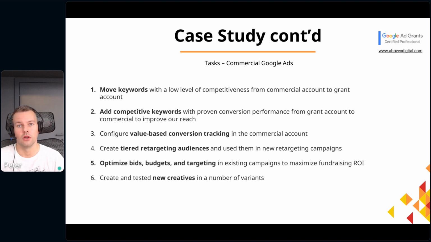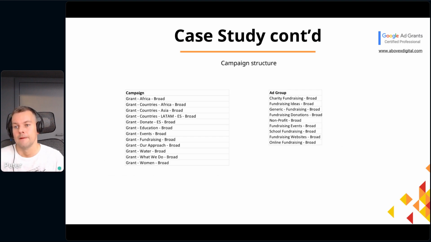Again, we focus on creating conversion tracking, making sure we can track values of different donations. We focus on retargeting. I keep saying this all over again, but this is a very important part of the strategy. So we create a retargeting audience and we use them in the commercial account. And every year we create different creatives in different formats, which we then test in the commercial account. And I also have examples of those creatives on the next slides.